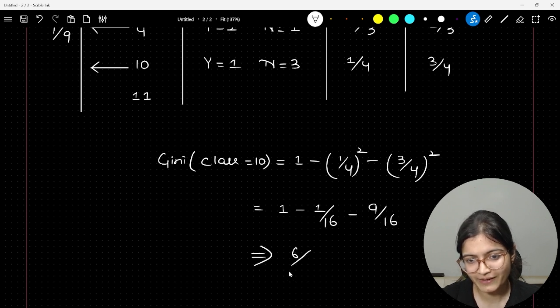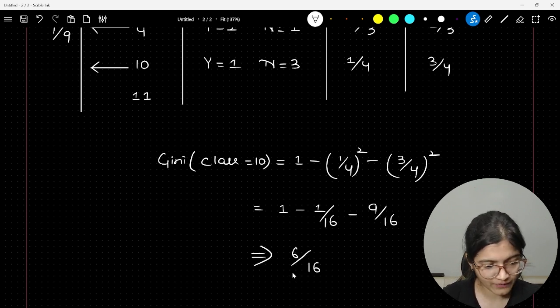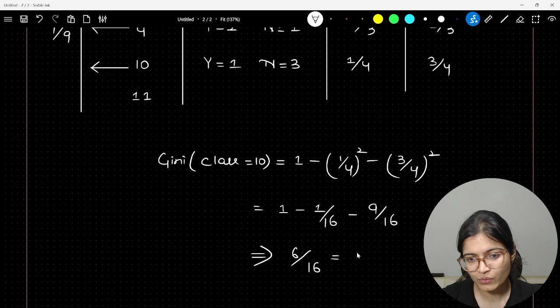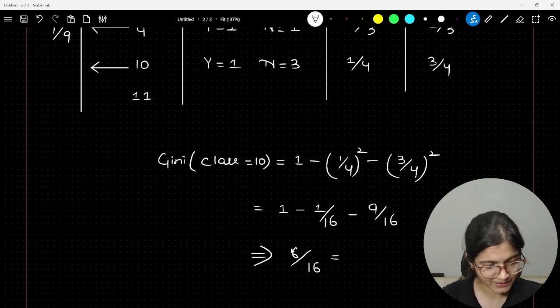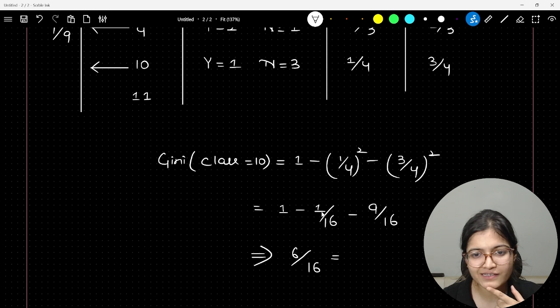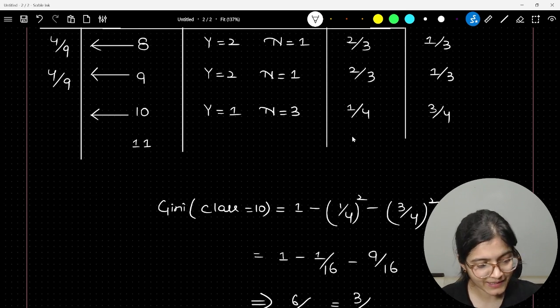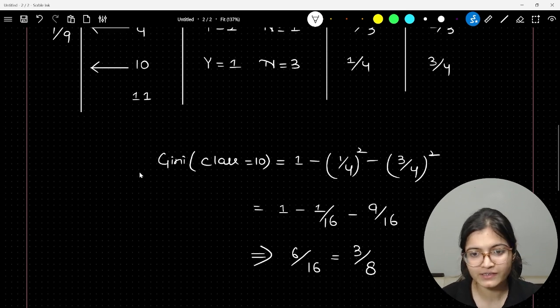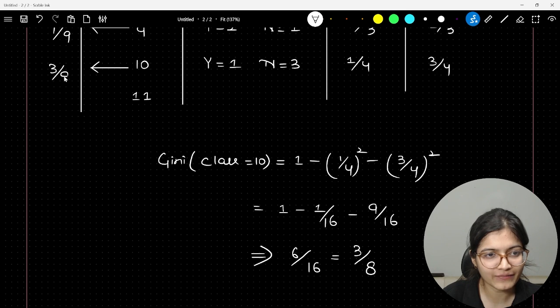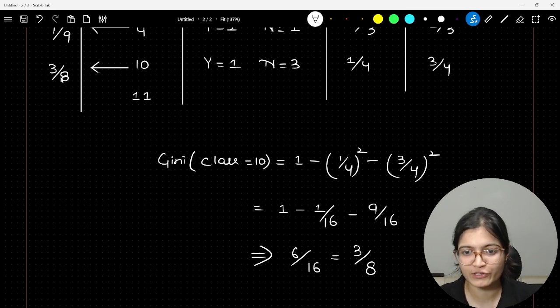So it will be 6 divided by 16, or in other words, equal to 3 by 8, if I'm not wrong. 16 minus 1 minus 9, 16 minus 10. I think 3 by 8 is the correct answer, right? So in this case, we get the Gini value as 3 by 8 for class equals 10.